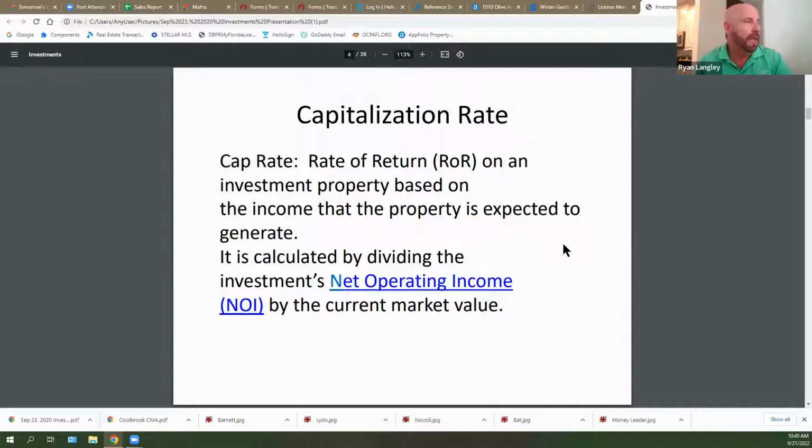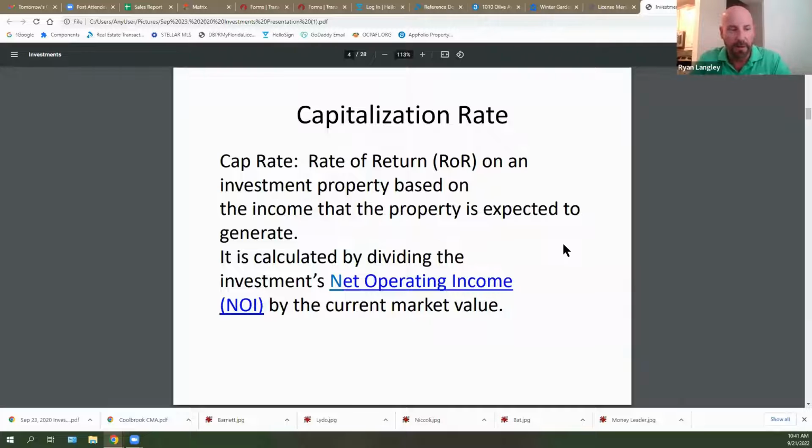Okay, capitalization rate. A cap rate is a rate of return on investment property based on the income that the property is expected to generate. It is calculated by dividing the investment's net operating income by the current market value. There's going to be some math on this in a minute, but the cap rate is just the simple rate of return for the investment property.